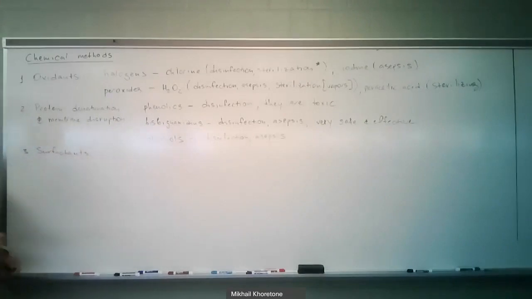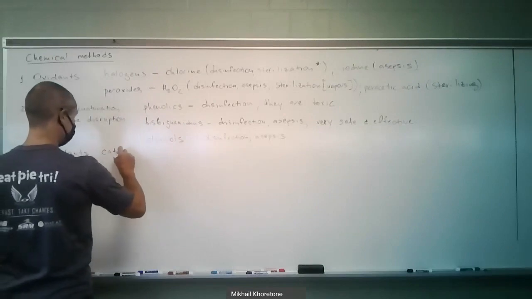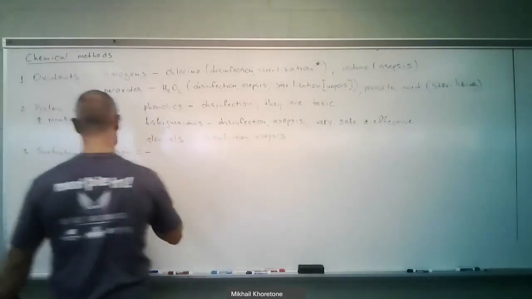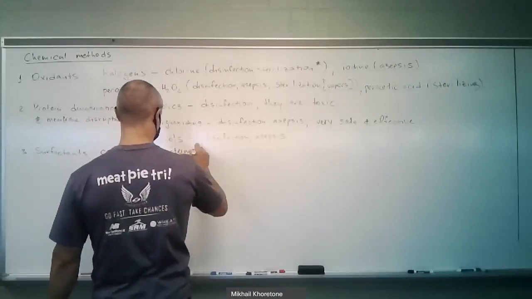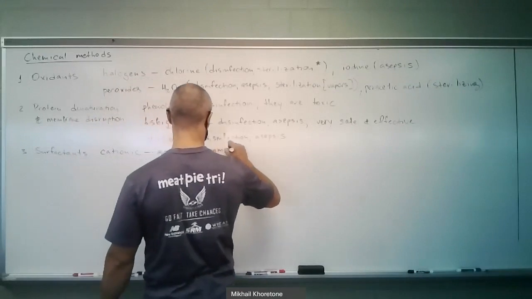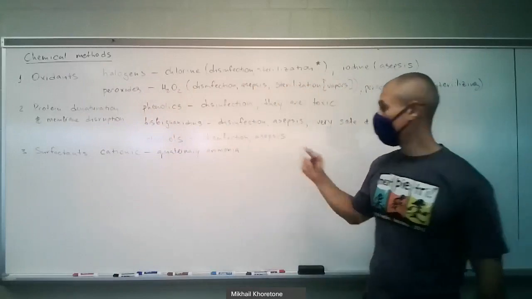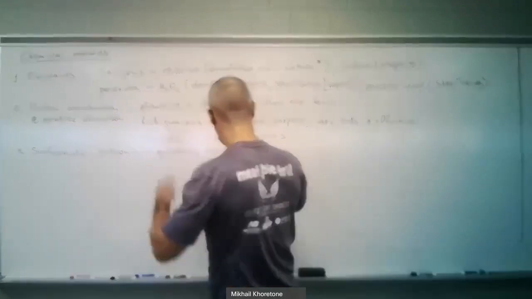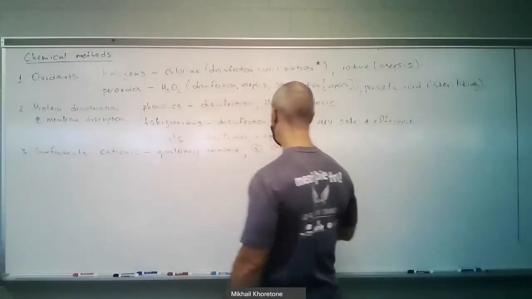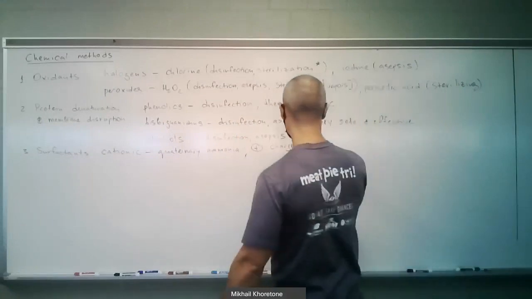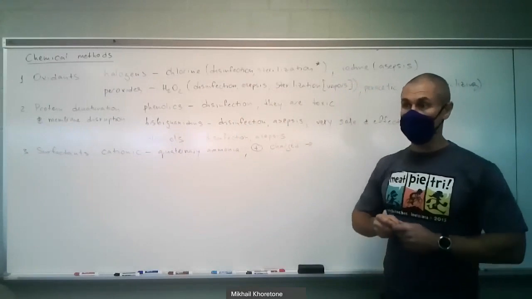Surfactants, surface active compounds. Okay, surfactants can be cationic. It's called quaternary ammonia. 90% of your household cleaning, quaternary ammonia compounds. Positively charged. Okay. Now, you remember the surface of bacterial cells is negatively charged, right?